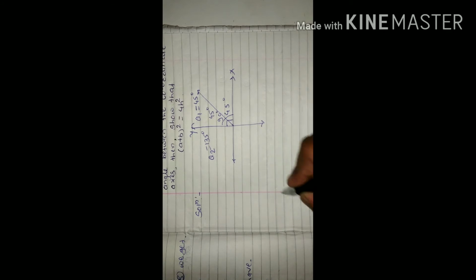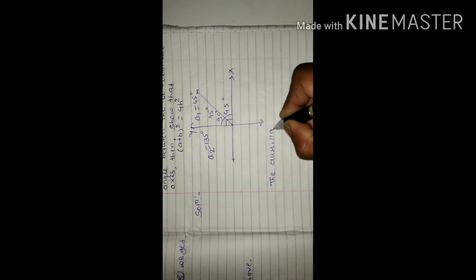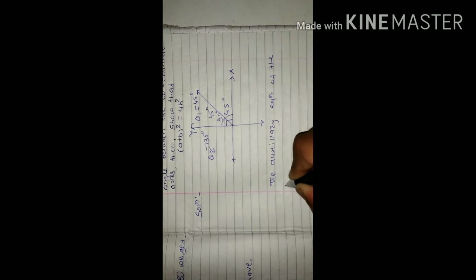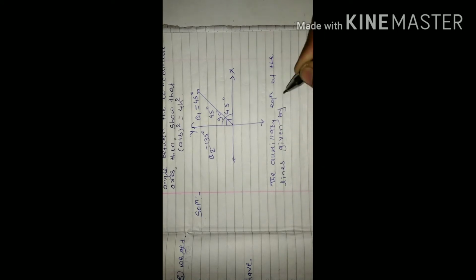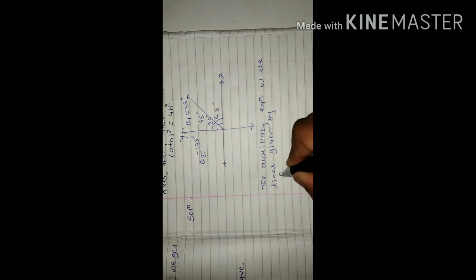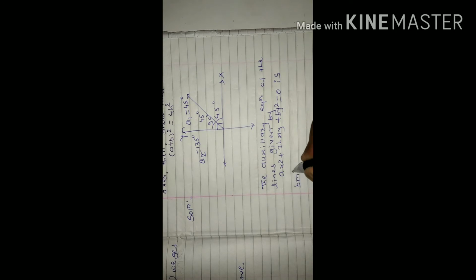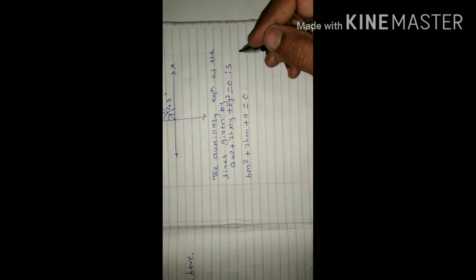The auxiliary equation of the line given by ax square plus 2hxy plus by square is equal to 0, we know, is bm square plus 2hm plus a is equal to 0. That is the auxiliary equation.